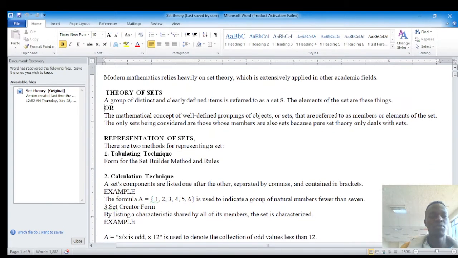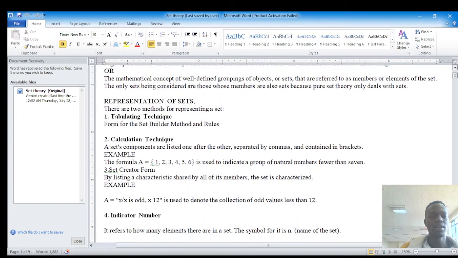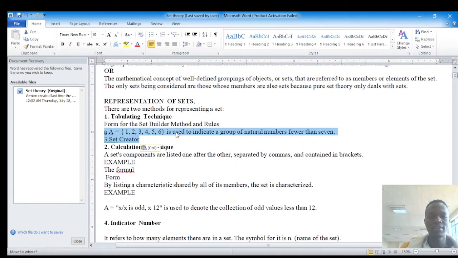For example, let's take this as set A, written in brackets with its elements, used to indicate a group of natural numbers fewer than 7.